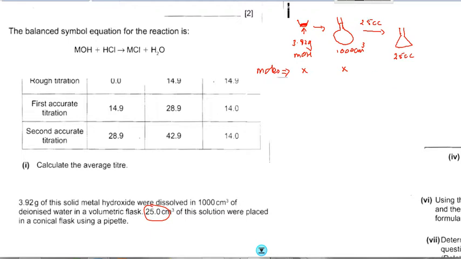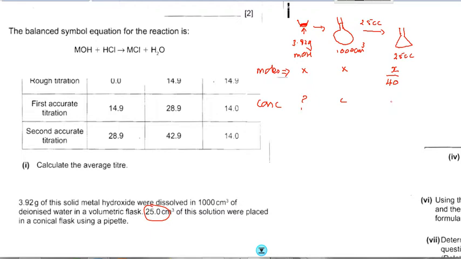Then we take 25 cubic centimeters out of this. So whatever number of moles I have in here, in the 1000, I will only have X over 40, because 25 cubic centimeters is 1/40 of 1000. Okay, let's look at then just concentration. Well, it's irrelevant there because that's a solid. Let's say the concentration here is C. What would the concentration in here be?